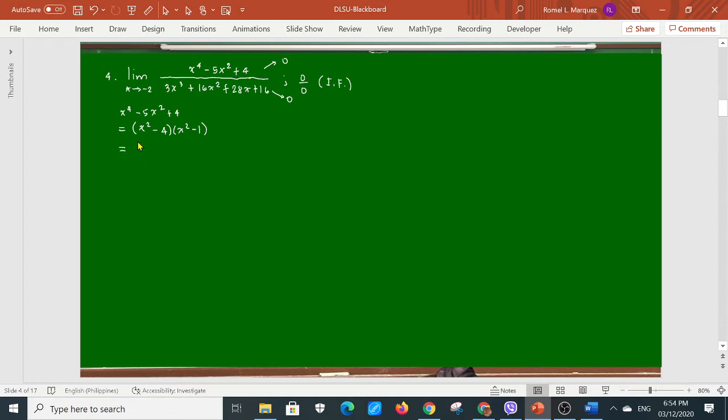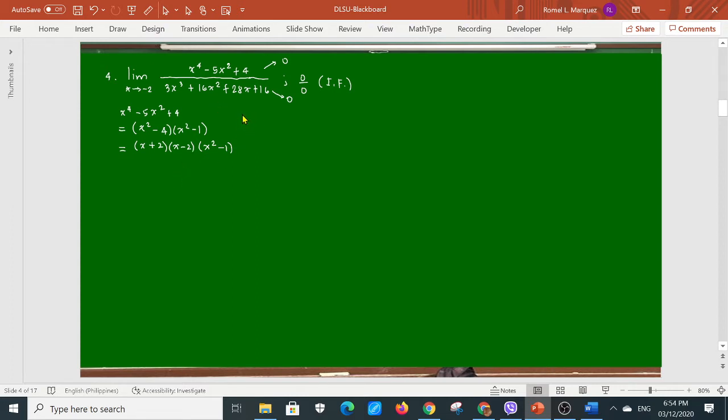And this can still be factored into x squared, x plus 2, x minus 2. So that's the factored form of this. X squared minus 1, no need to factor that because we are not interested with x equals 1 or x equals negative 1. So even if you factor it, it has no bearing with a here in the limit, with negative 2, no?